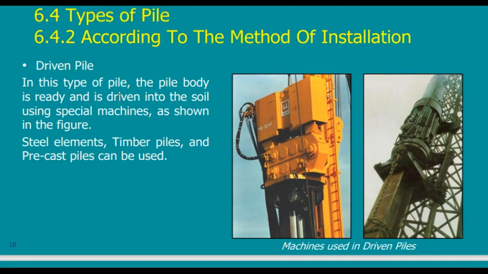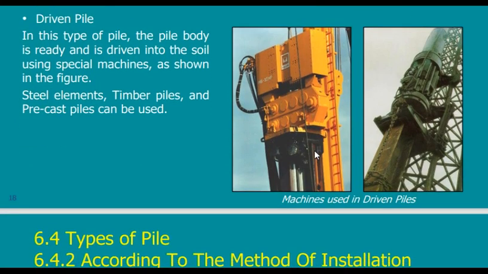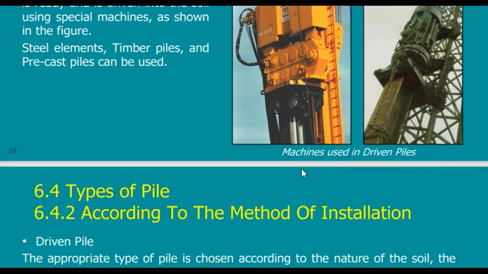The other type is the driven pile. You have seen the driven pile in the introduction. This is how we hammer it. The hammering introduces vibration also, which in some cases helps the pile to go lower and lower, more easily in the soil.